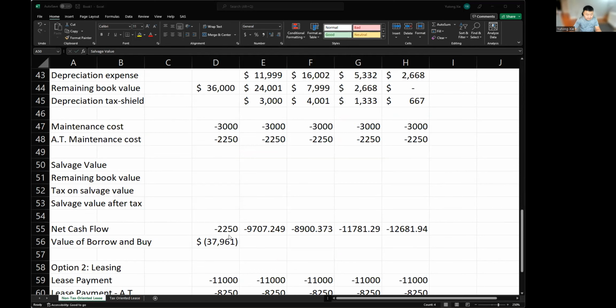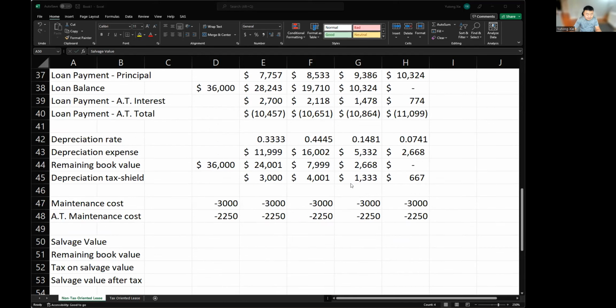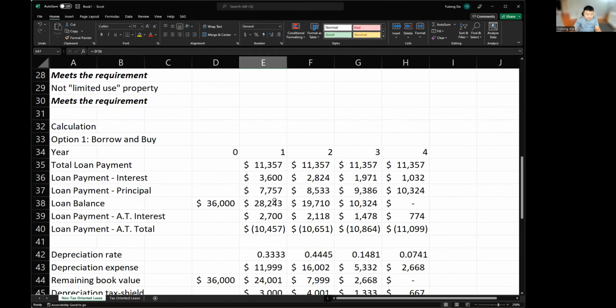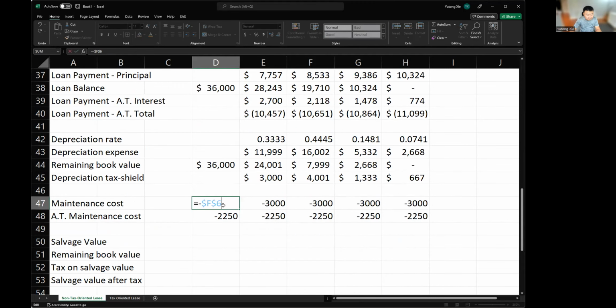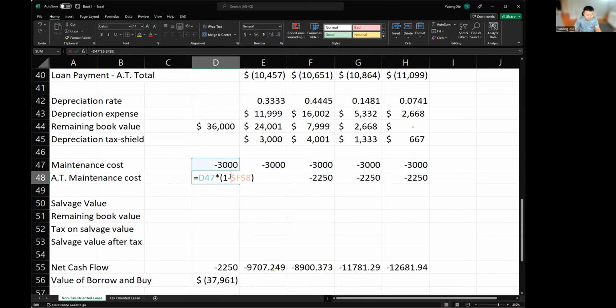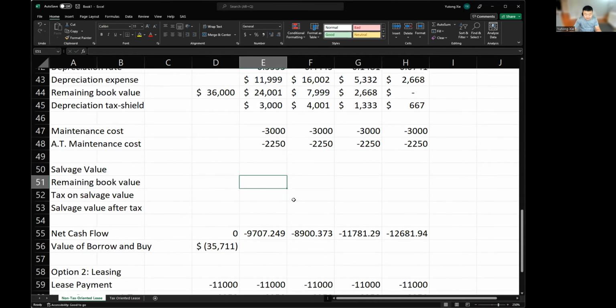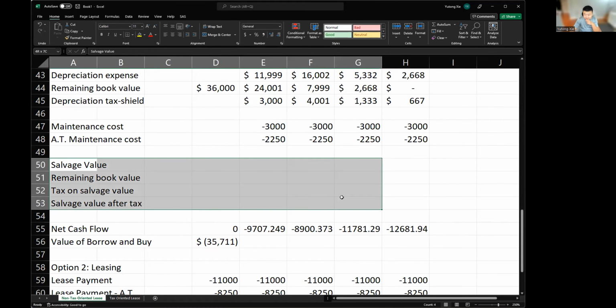Lastly, one more thing is that the maintenance expense starts at the end of year 1, right? This is year 1, so this is the end of year 1. So we don't have any maintenance expense here, so we just need to take it off.